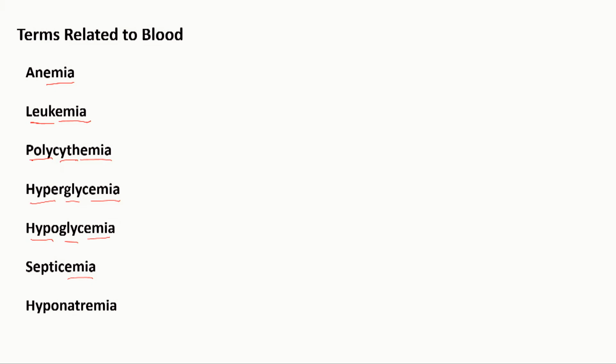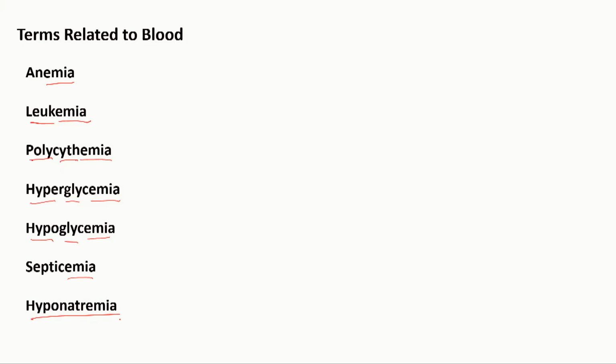We also have the terms bacteremia and viremia. So this emia is again the term related to blood, and once somebody is saying bacteremia, that stands for bacteria in blood. Viremia means virus in blood. So these are the terms which are very critically used when we talk about anything about the blood in general.